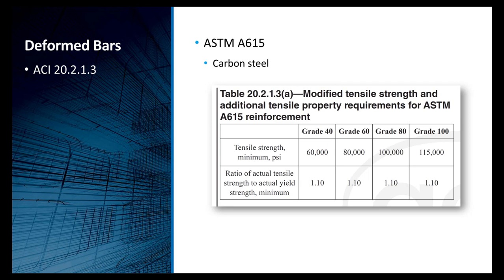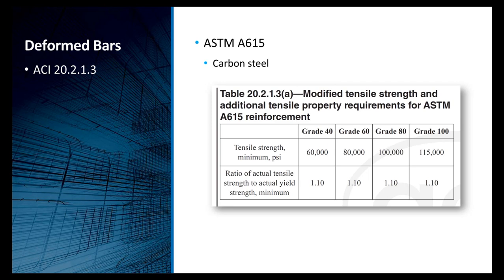So what I'm going to show you here are the tables that are currently in the 2019 edition of the code, and also show you the tables because subsequent to 2019 being published, the ASTM A615 and A706 documents were published. So the point being is that you're going to see these tables that are in chapter 20 of the code, but they have been incorporated into the actual specifications now.